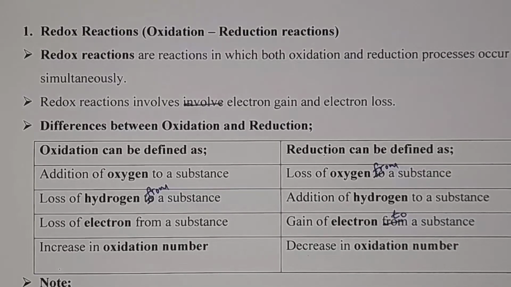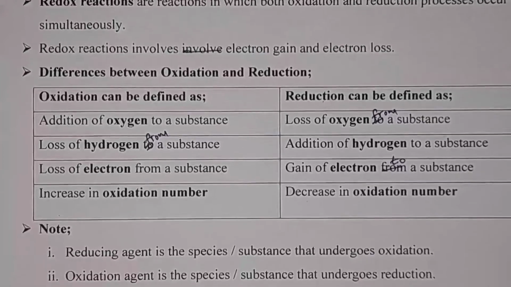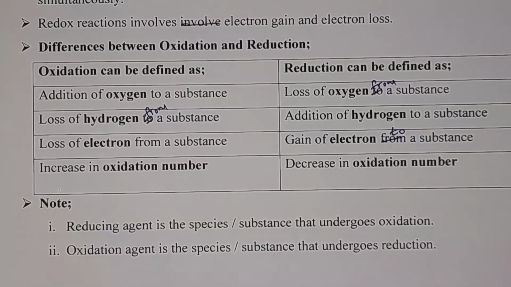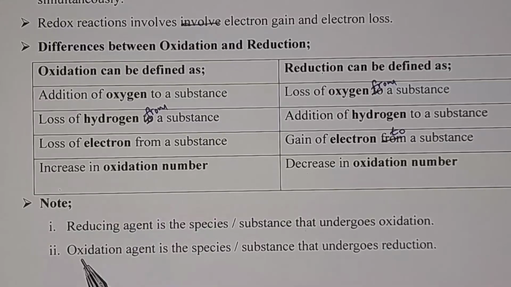Next, we are told to note that the reducing agent is the species or substance that undergoes oxidation, while the oxidizing agent is the species or substance that undergoes reduction. So here we have 4 terms: oxidation, reduction, reducing agent, and oxidizing agent.